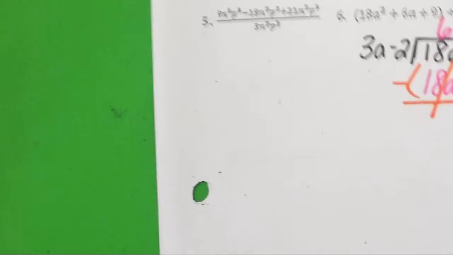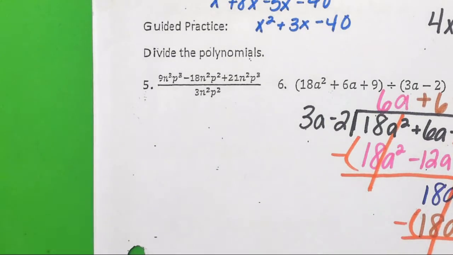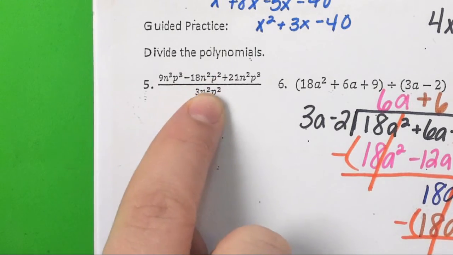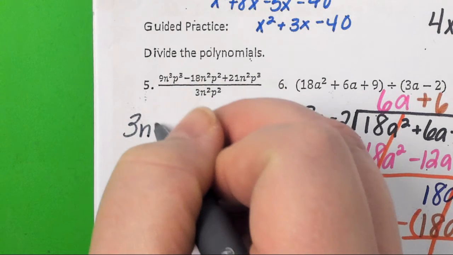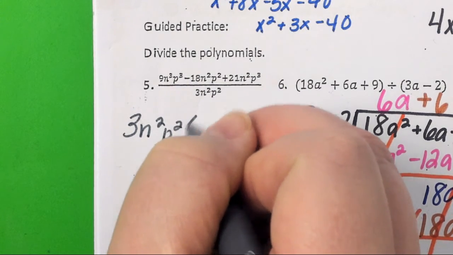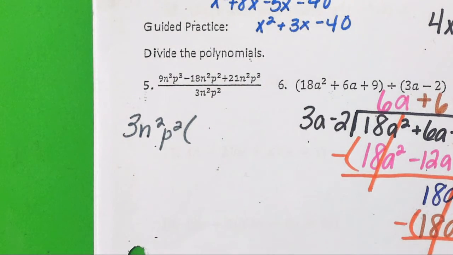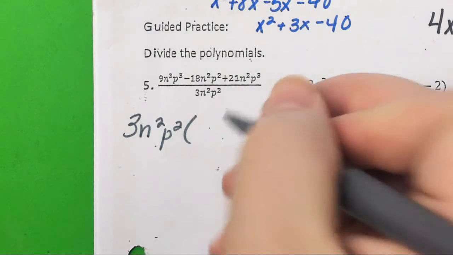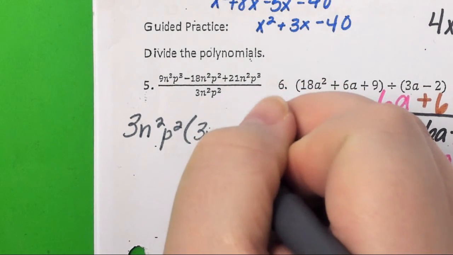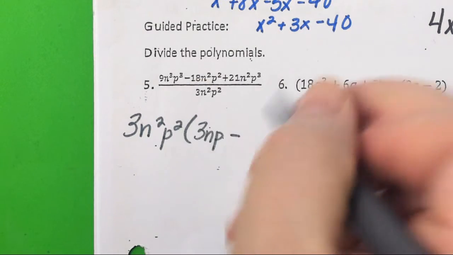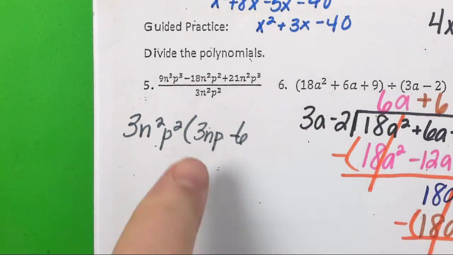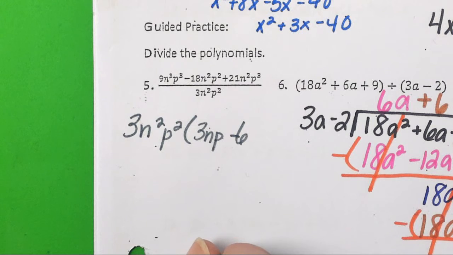Okay, we skipped number 5. Let's do it quickly. We're actually not using long division for this one. As discussed, we're thinking that we can pull out what's in the denominator out of the numerator, and I bet we can. So in the numerator, can we factor out 3n squared p squared? Well, if we factored that out, we would be left with our first term, 3np. For our second term, it would be minus 6, no n's, no p's.